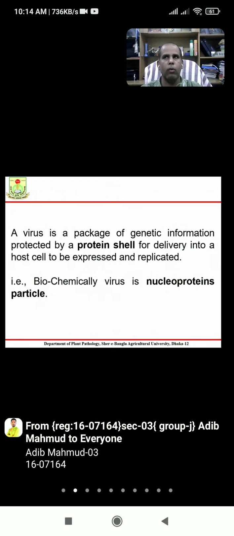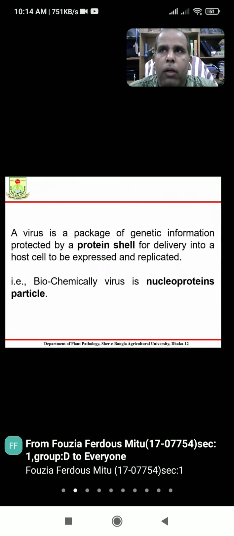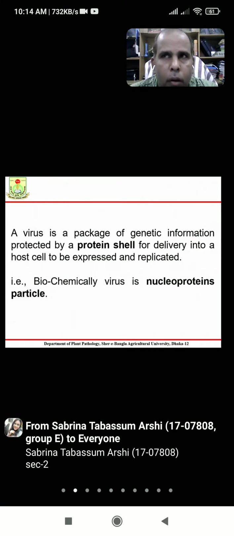That is why the virus cannot survive without the host cell. That is why the virus cannot replicate without the host cell. Because for replication, it needs different mechanisms, for example, DNA to RNA and protein. This is called the central dogma, DNA to RNA and RNA to protein.